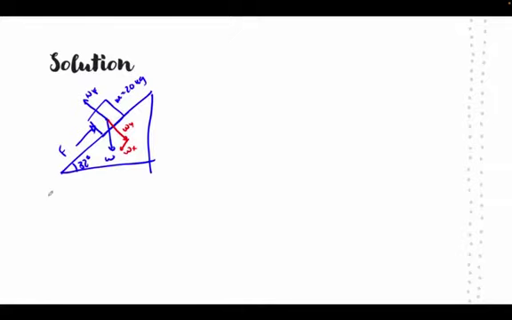All right, so I know that Wy is going to be equal to mg cosine theta, and Wx is going to be equal to mg sine theta.